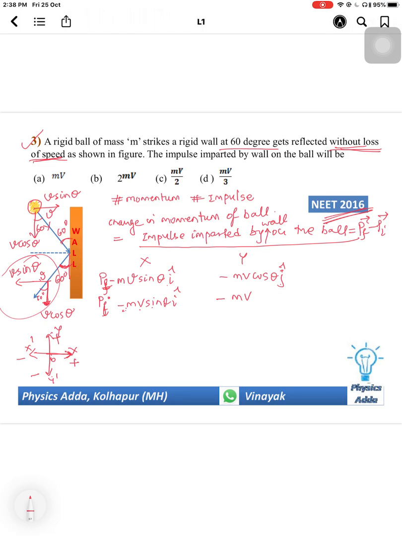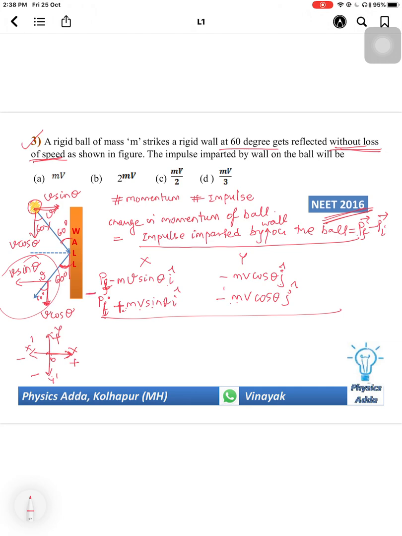And this minus mv sin theta will be positive, as this is acting in the OX direction. This is minus mv cos theta j cap, which will be negative.